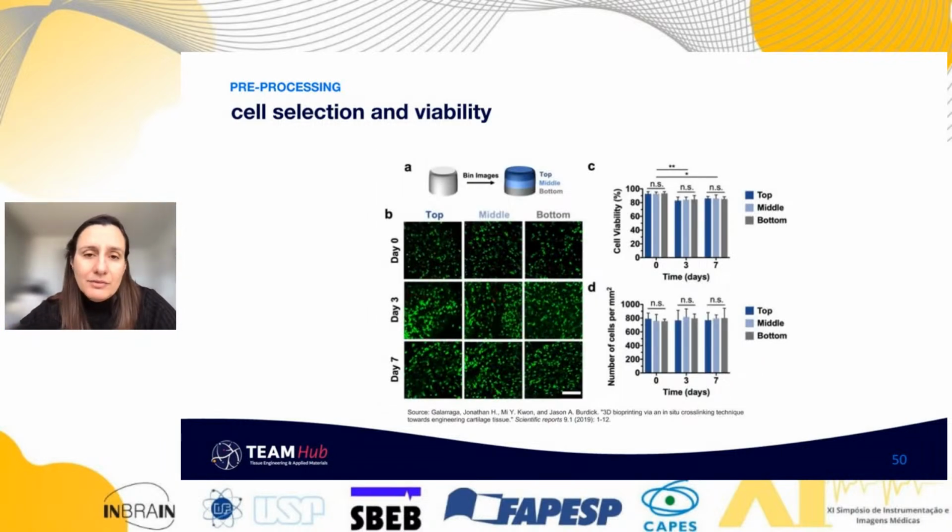And there are quite a few ways that you can test viability. Selecting cells, of course, is going to depend on your application, but looking at viability can be done in a few ways. One of them, the most simple and widely used one, is based on microscopy.